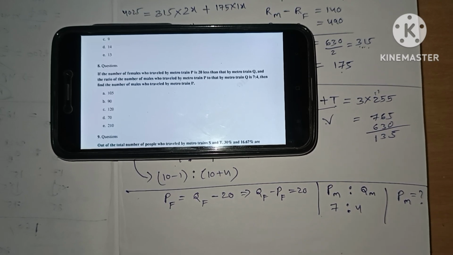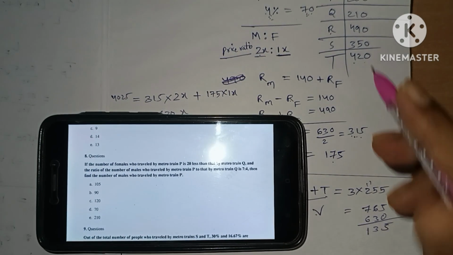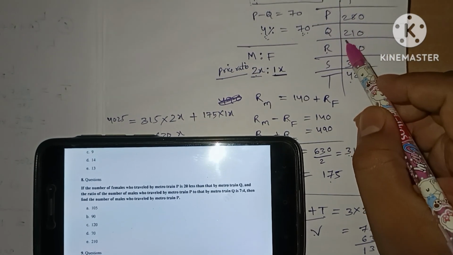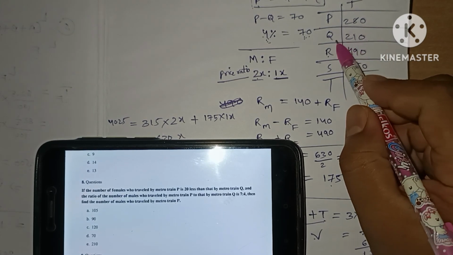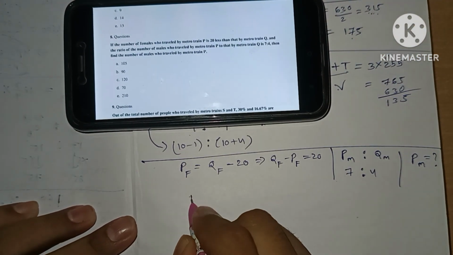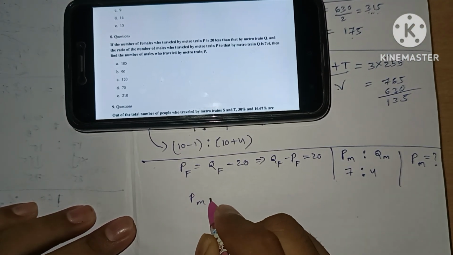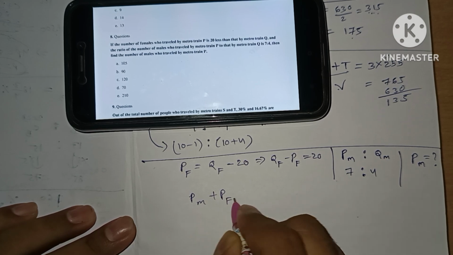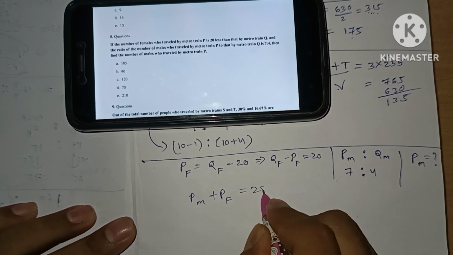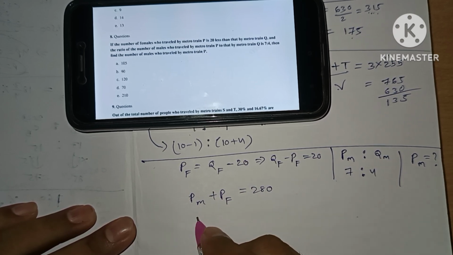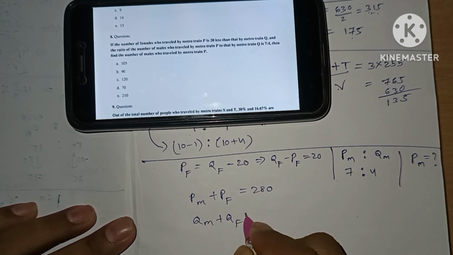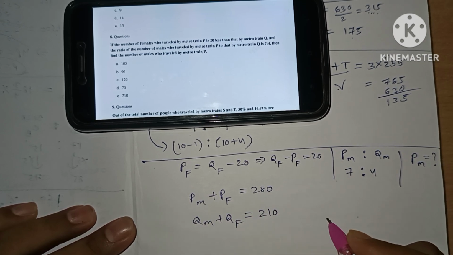Now we are talking about P and Q. P we have 280 and Q have 210. P total means P male plus P female is 280, and Q male plus Q female total is 210.